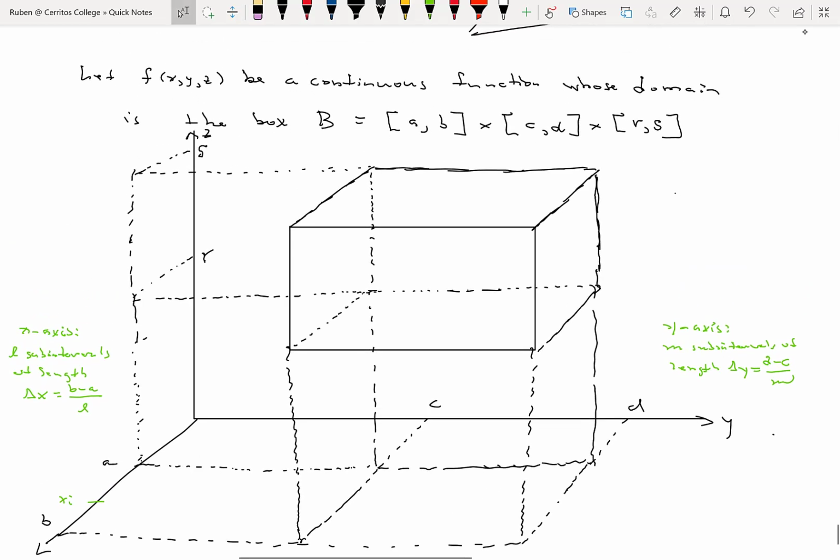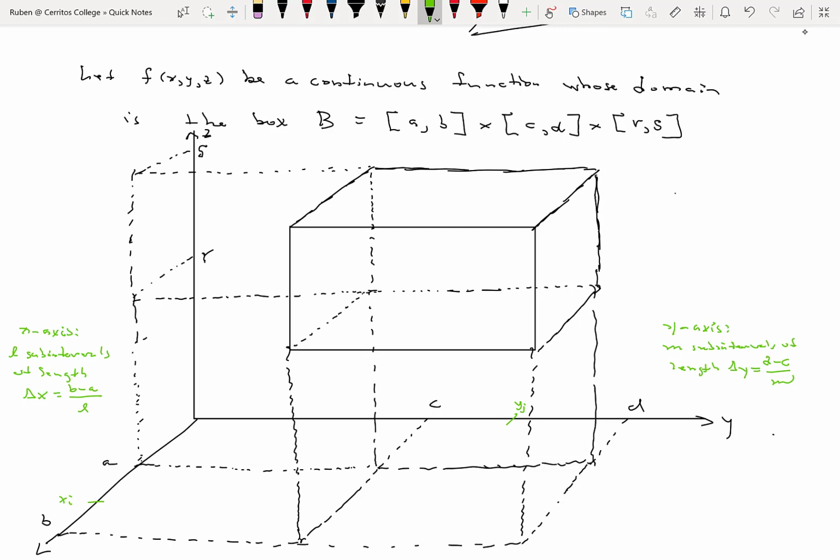And I guess I should put a typical y value along the y-axis. Let's say here, y sub j.